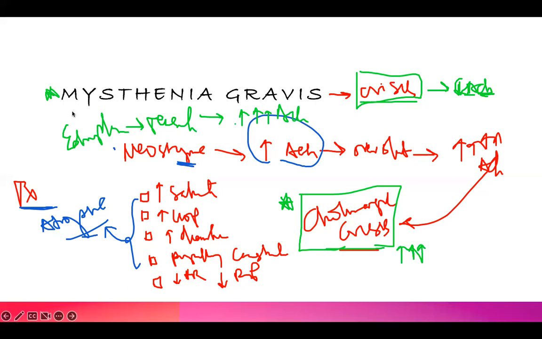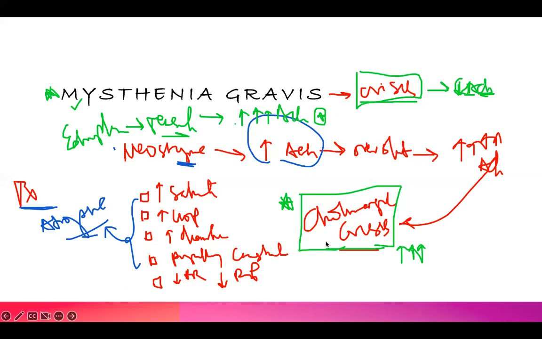What do you think? Who is going to get better, the myasthenia gravis crisis patient or the cholinergic crisis patient? Well, it's going to be the myasthenia gravis crisis patient, because they need more acetylcholine. The cholinergic crisis patient doesn't need it. So if you do the Tensilon test, the myasthenia gravis patient will get better, but the cholinergic crisis patient will get weak.